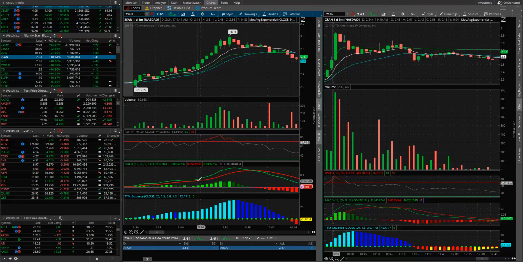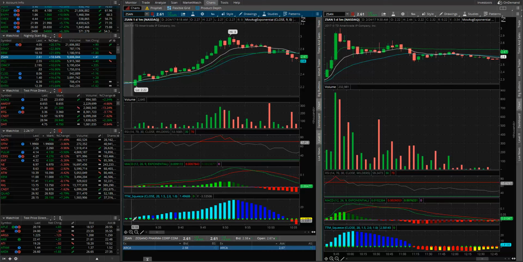Otherwise, it would be a different color, right? But when that green line is above the red line and the more spacing there is between them, that's a very, very bullish sign. That's an indicator that the stock is going to go up in price quickly.